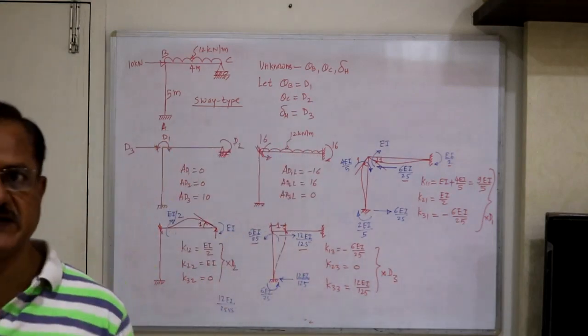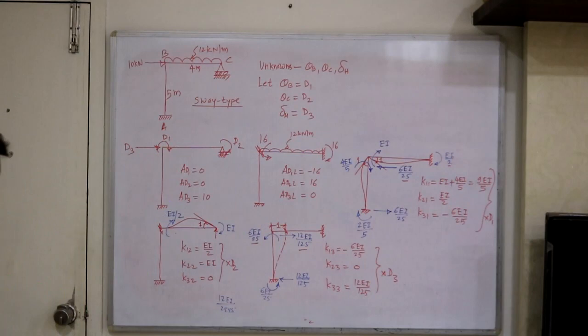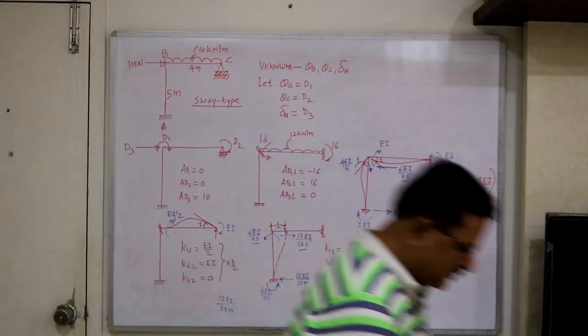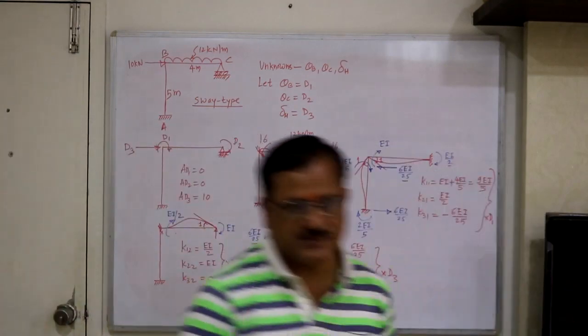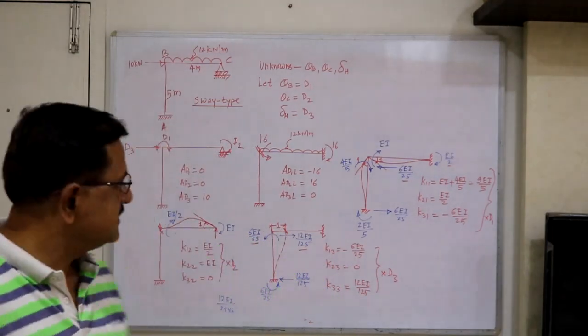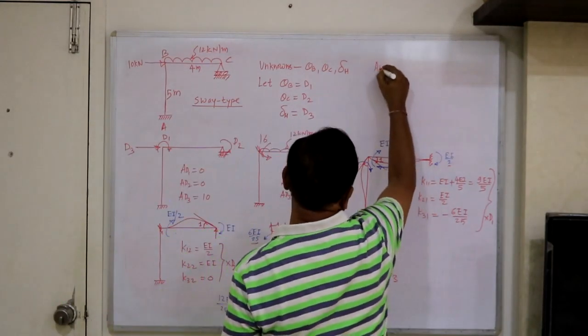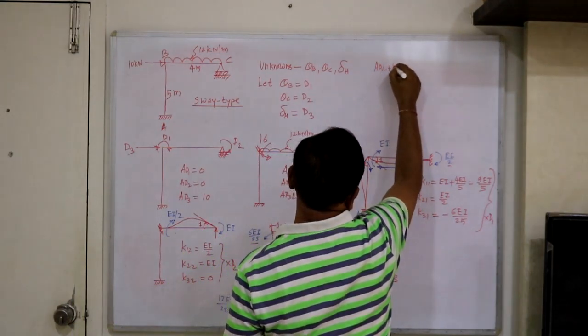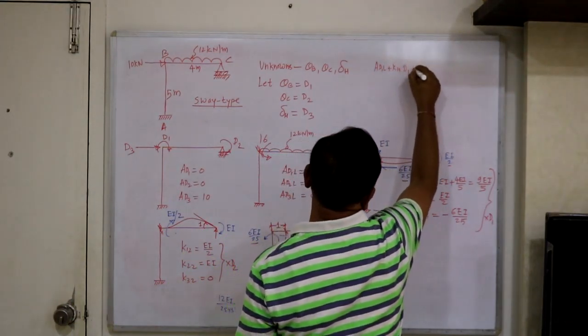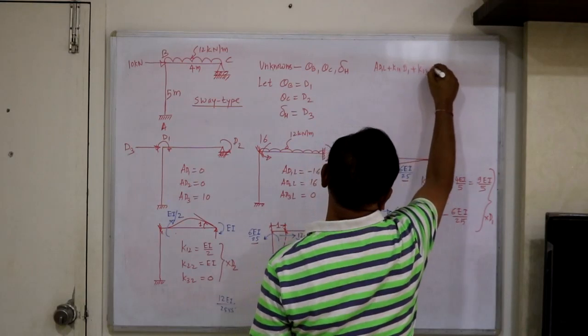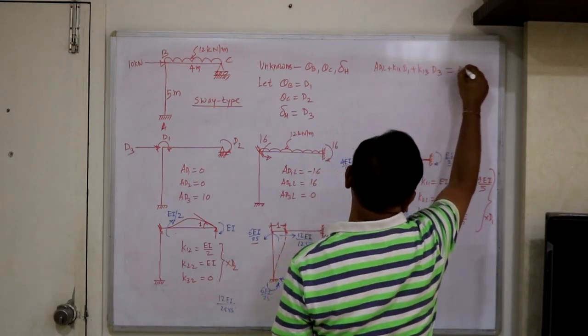Now we have prepared; there are three unknowns, which means three equations will be developed. What are those three equations? By using equilibrium conditions, AD1L plus K11D1 plus K13D3 equal to AD1.